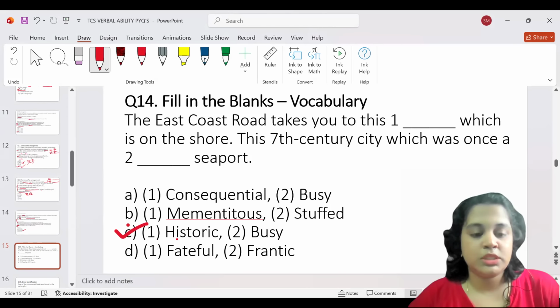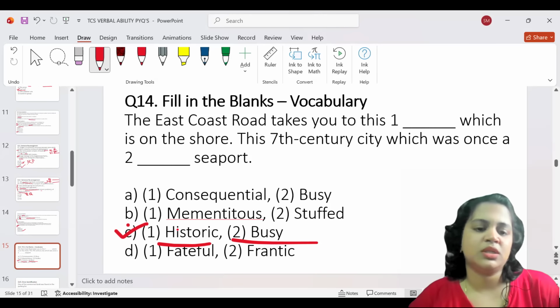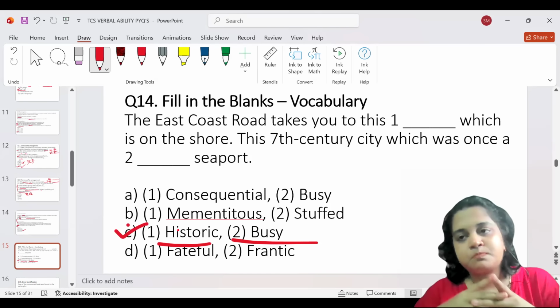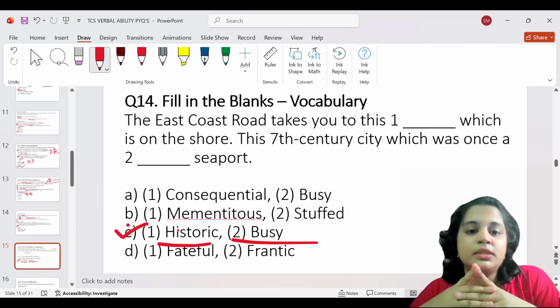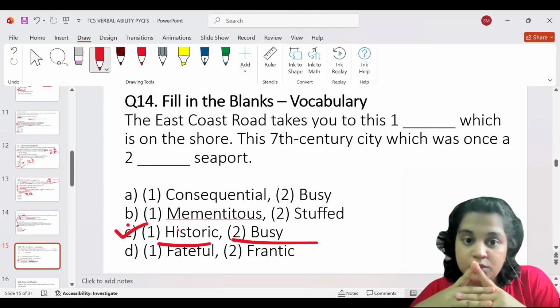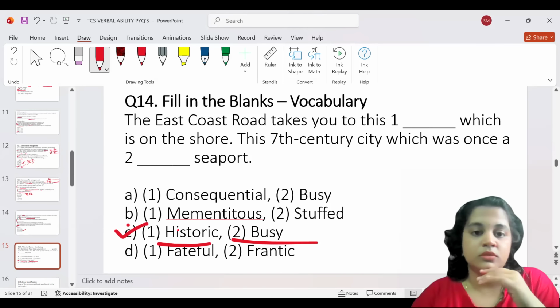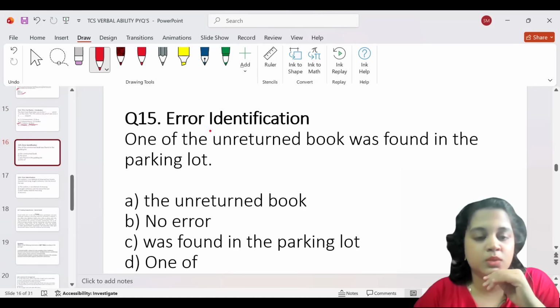So it'll be option C, which fills into the blank properly, which is historic here and busy here. Historic is simply used to describe huge monuments. Beautiful pieces of architecture are sometimes referred to as historics. Let's go to the next one.